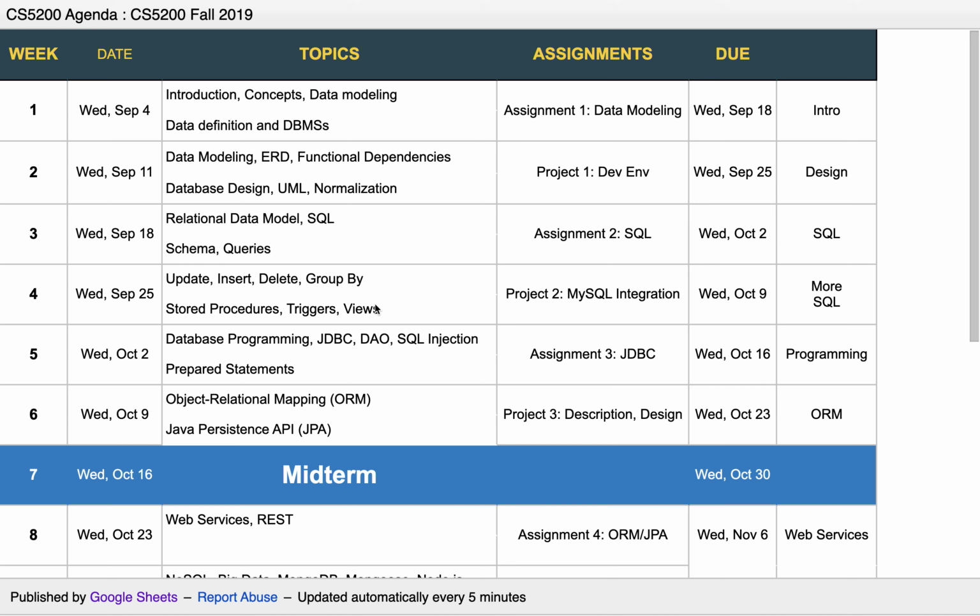We'll talk also about views as a means of implementing the three-level architecture of databases, where you provide a high-level view for folks who don't really care much about the structure of the data. They care about the day-to-day use and retrieval of the data.